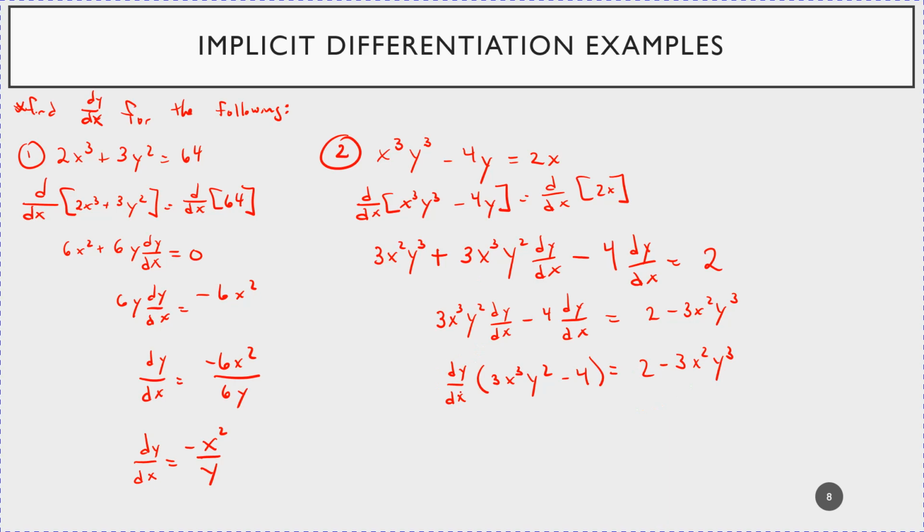Now, to solve for dy/dx, you're literally just going to divide this over. So you get dy/dx is equal to (2 minus 3x squared y cubed) divided by, because we divided this over, (3x cubed y squared minus 4).